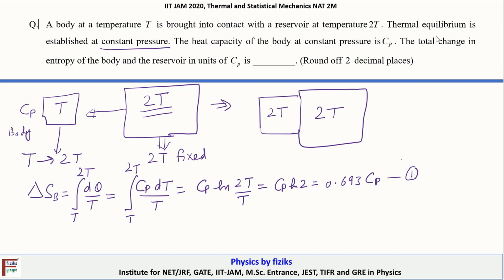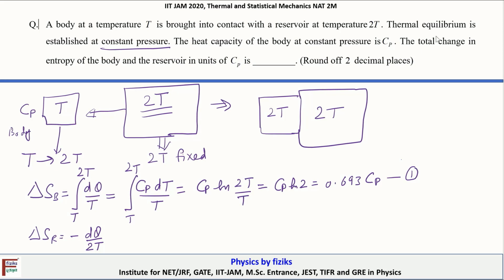So delta S for the reservoir will be with the negative sign, dq upon the constant temperature of the reservoir, which is 2T. The reservoir is giving heat to the body at a temperature of 2T, and its temperature is not changing.